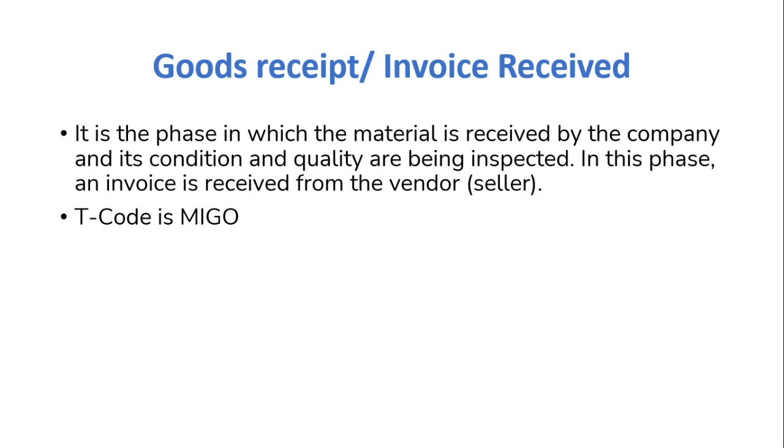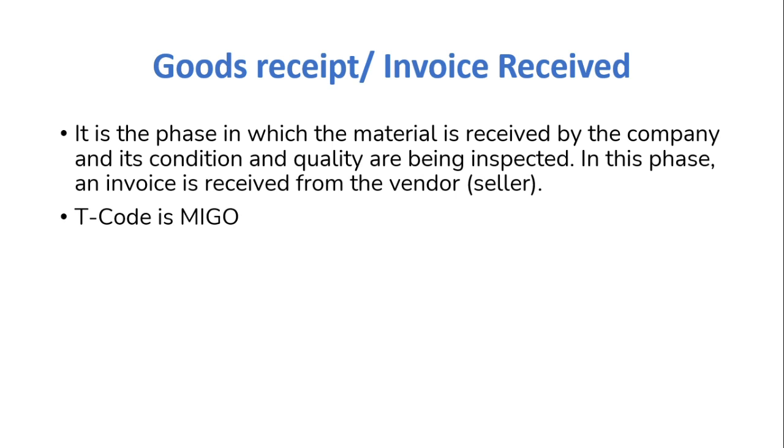One will be the material document, another one will be the accounting document. Once the document is generated, we can check it in the MIGO transaction code by selecting the display option. Okay.